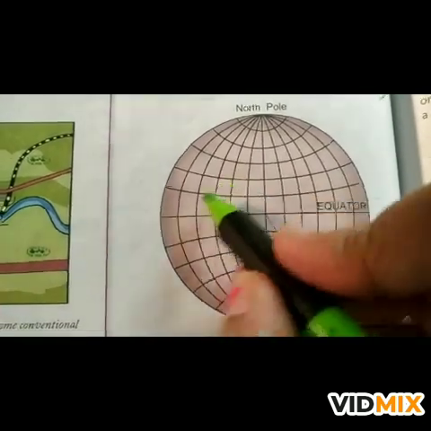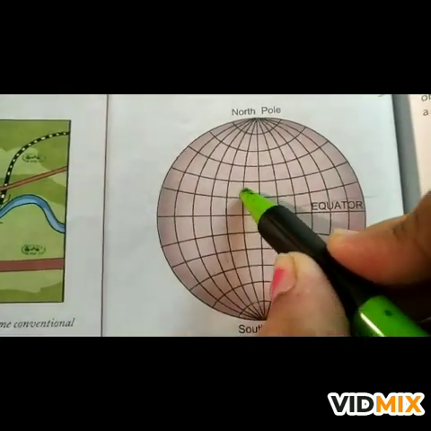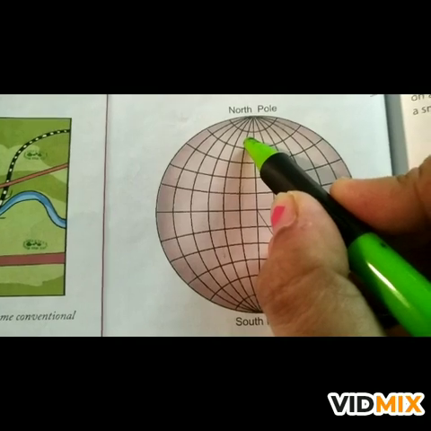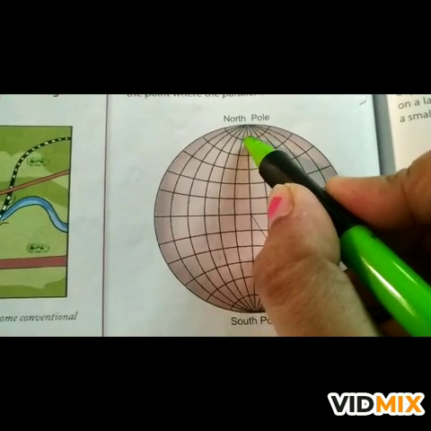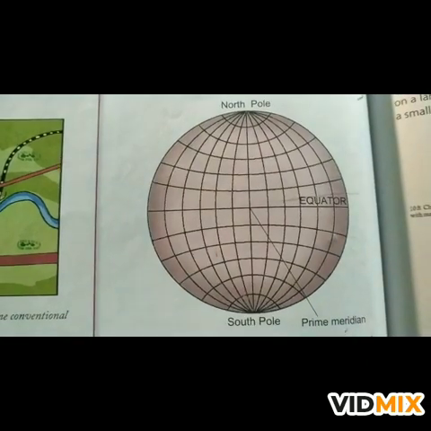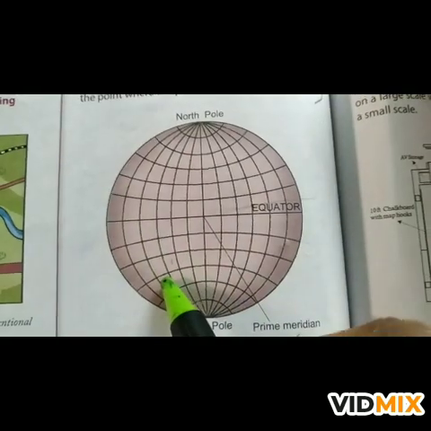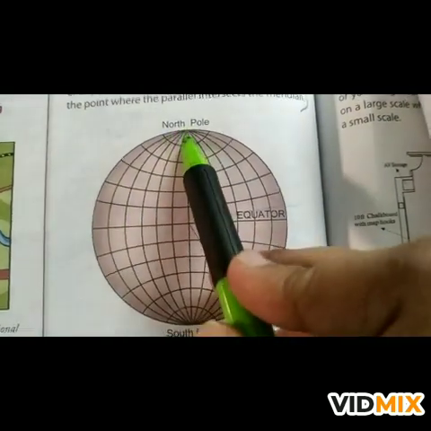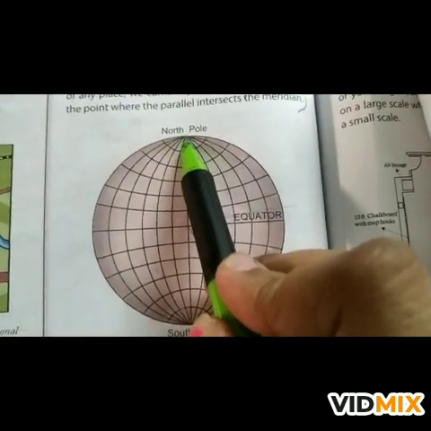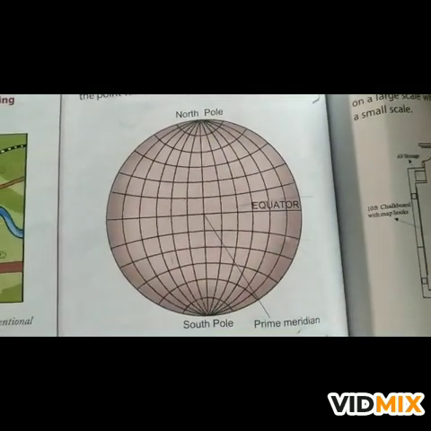You can see this is the equator. These meridians are moving to the North Pole. Sooner and sooner it is getting decreased. The lines of longitudes always meet at fixed points, first is the North Pole and second is the South Pole.